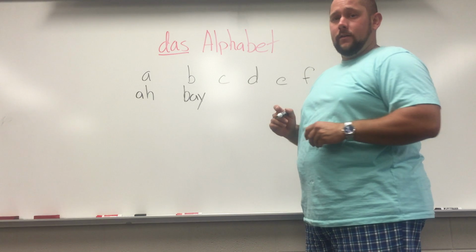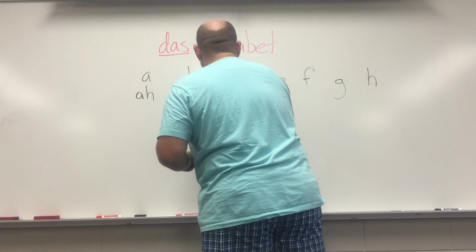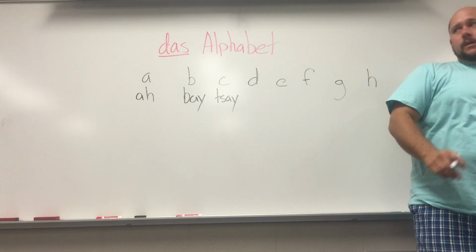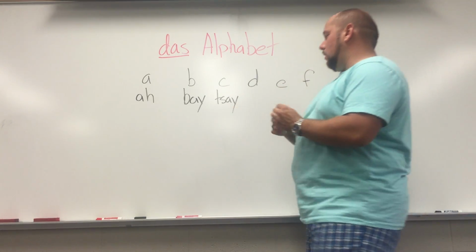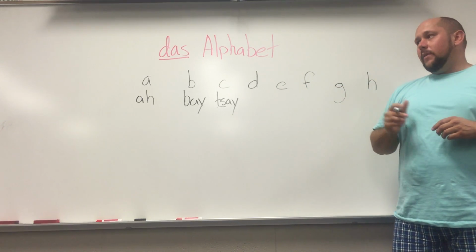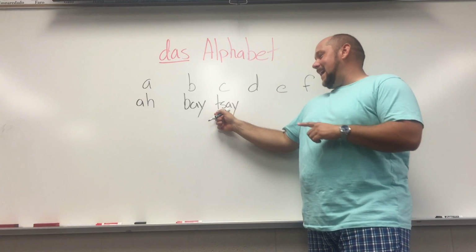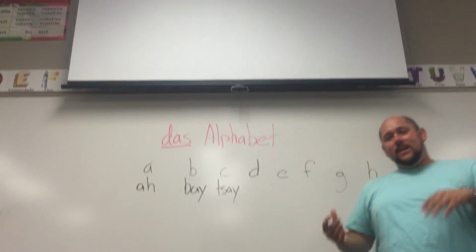Third one, C. In German, say. Say. And this one can be a little challenging because of our little TS there at the beginning. But that's exactly what it is. You want the TS at the beginning, okay? And then you have A at the end, say. Okay?